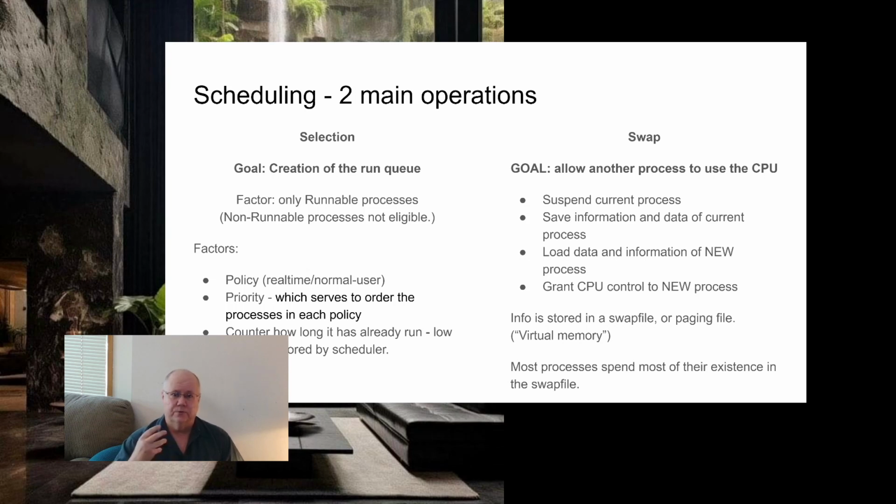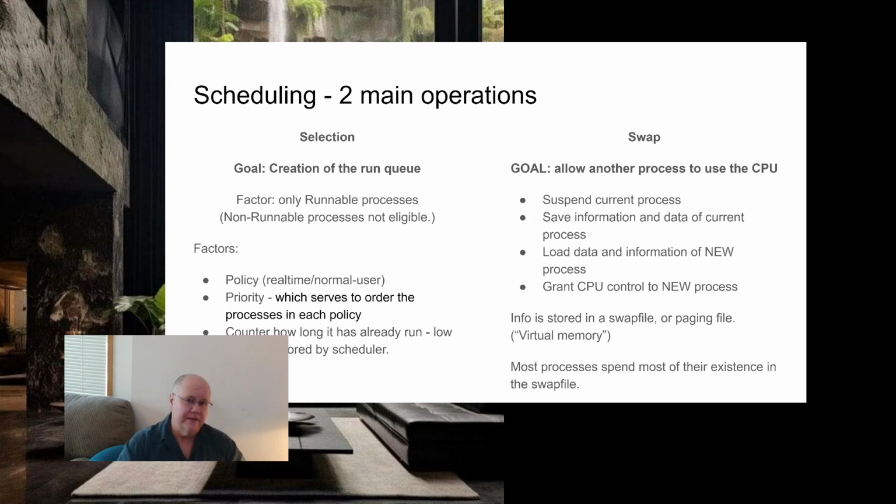Once the selection is made, there's the operation of swapping. The goal is to take the process that currently has the CPU and pack it up, put it away, and load in a new process. That's a swap. This is the more interesting one to me. The current process that's running is suspended.